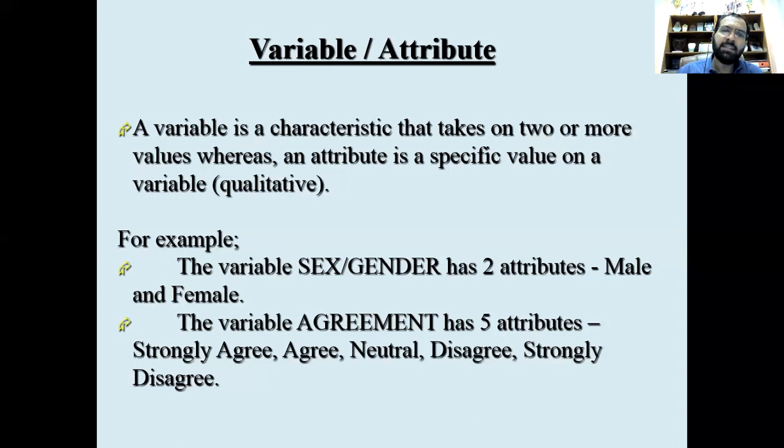A variable takes on two or more values, whereas the attribute gives you a single value. So when you compare, you look for two or more values, and an attribute gives you a specific value.